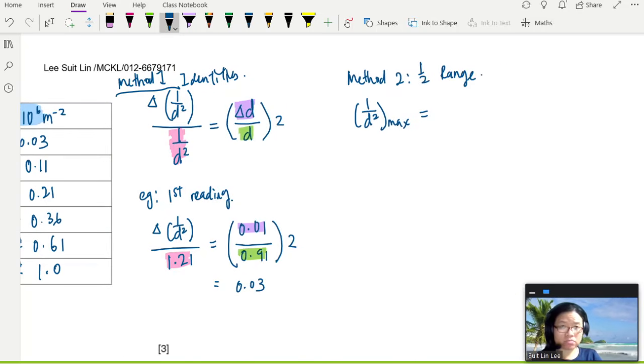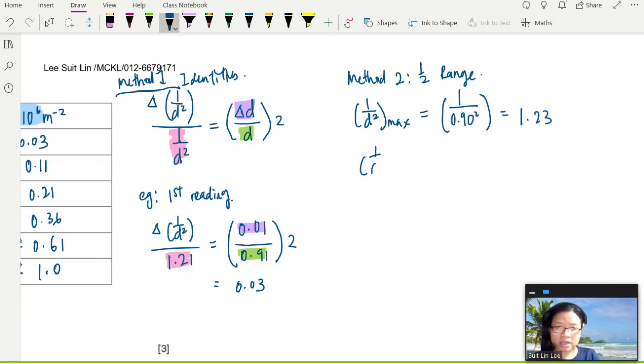So here, I will put this one as 1 over 0.90 squared, because it's the denominator square. And this will give me 1.23. I guess if you want, you can take more SF, but this is fine for me.